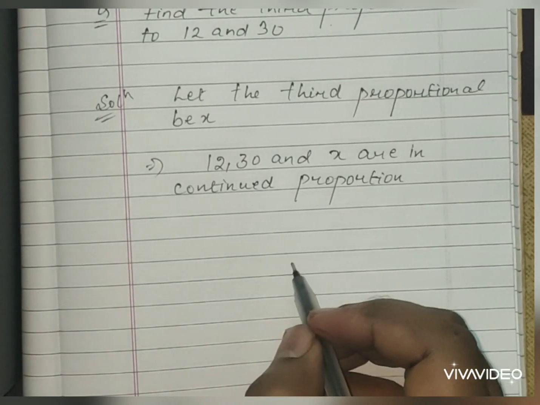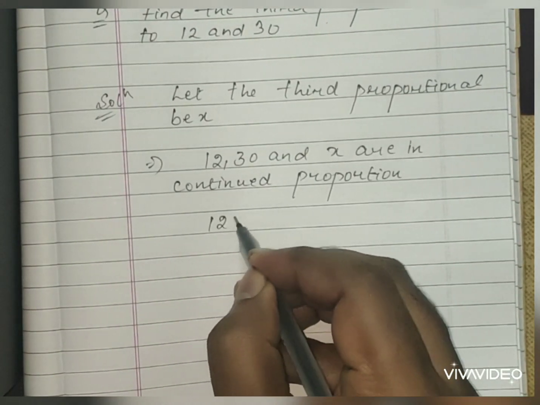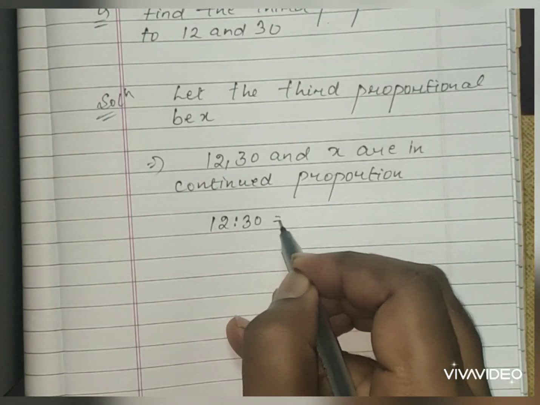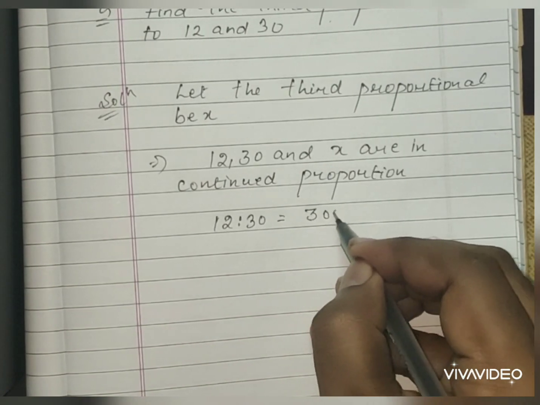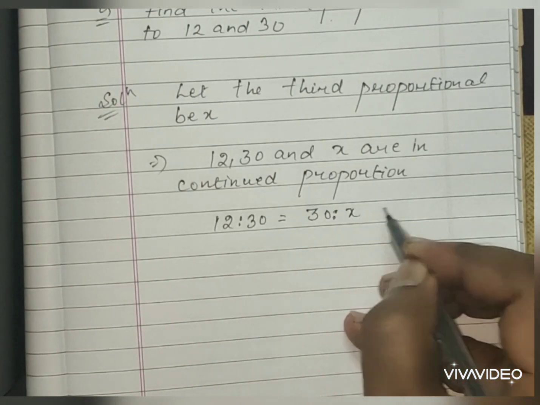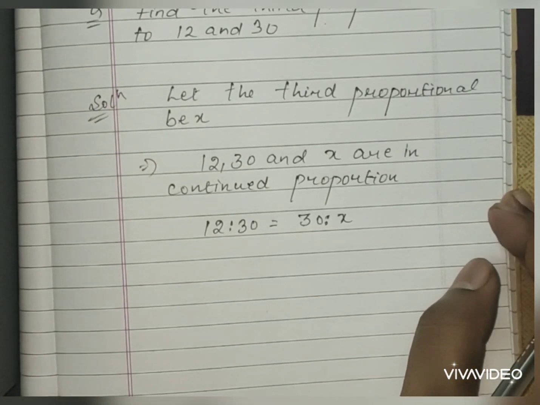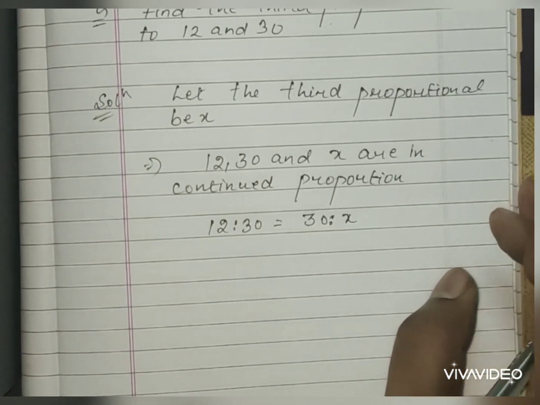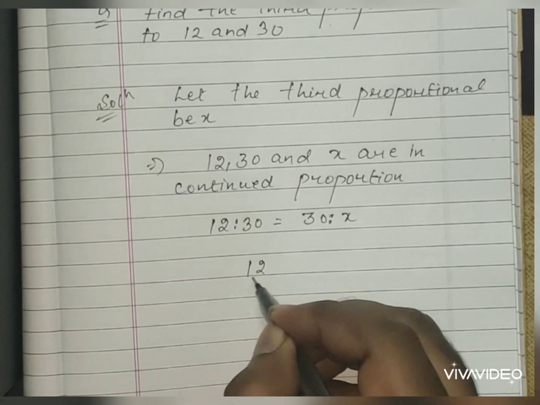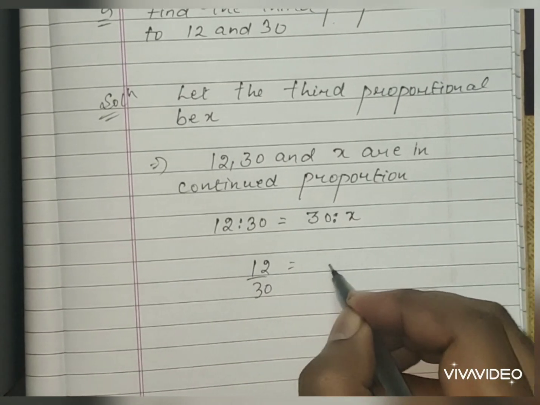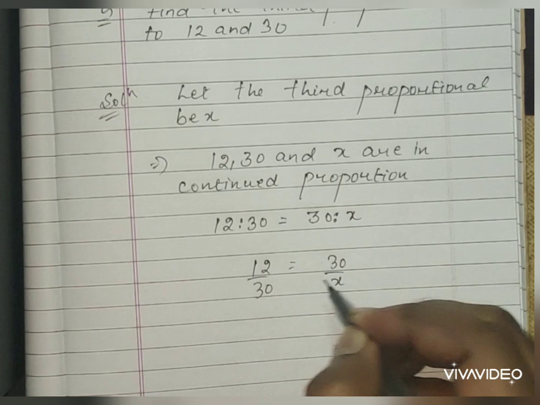So we can write it this way: 12 ratio 30 is equals to 30 ratio x. Okay, here 30 is in continued proportion with 12 and x. So we can write it like this: 12 upon 30 equals to 30 upon x.